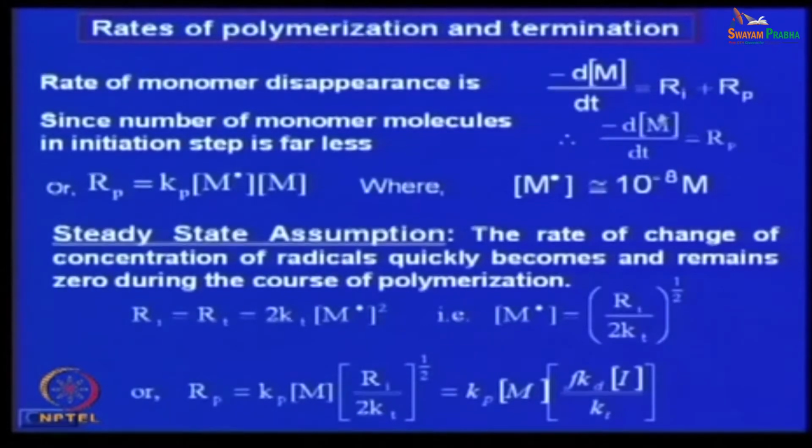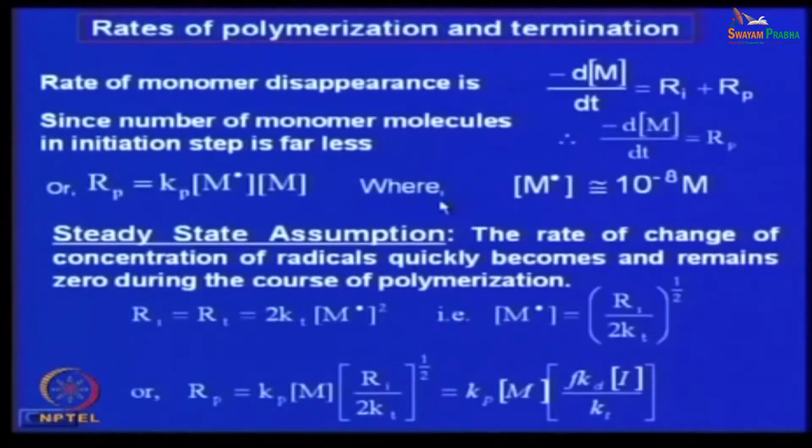So the overall rate of polymerization R_P can be expressed as the overall disappearance of the monomer, minus dM/dt. It can also be expressed as R_P equals the rate constant for propagation K_P, times the growing chain radical concentration, times the monomer concentration. The concentration of this growing chain is very less.